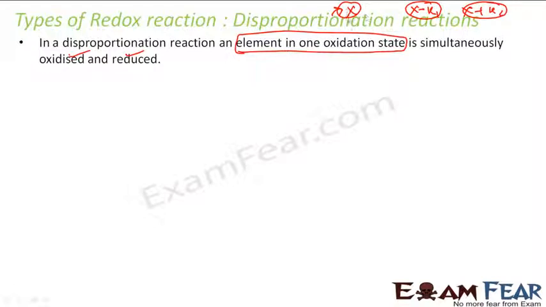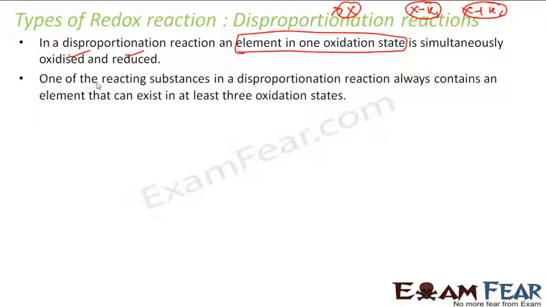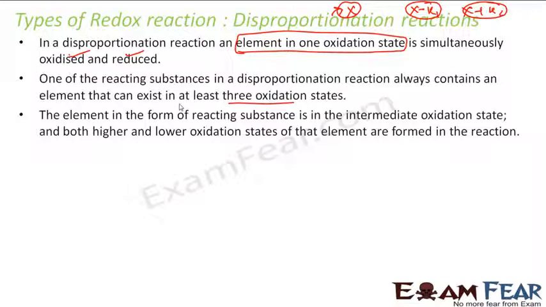It should not be the lowest, because if it's the lowest, it won't be able to reduce further, right? So the reactant substance should have a minimum of 3 oxidation states, and it should be in the intermediate oxidation state. It should not be extreme. If it is extreme, it may not be able to oxidize or reduce, depending on whether it is extreme left or extreme right. We'll take some examples on this.